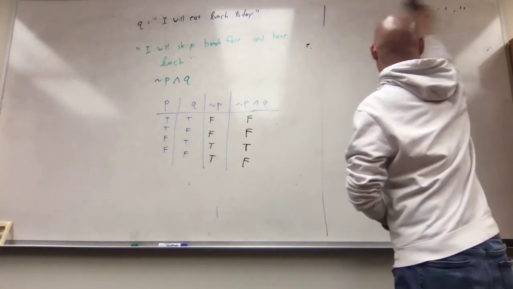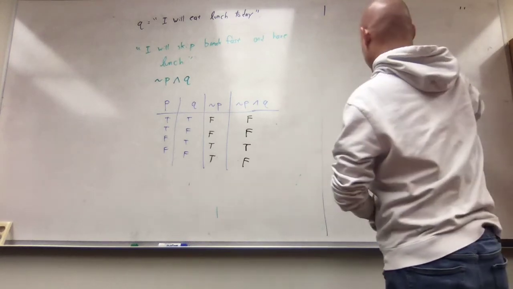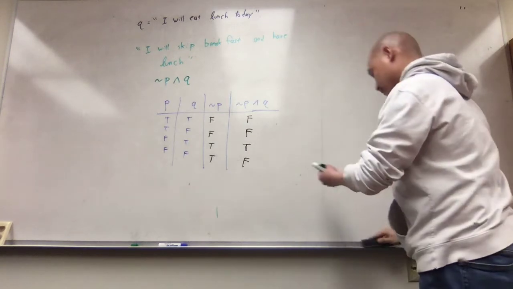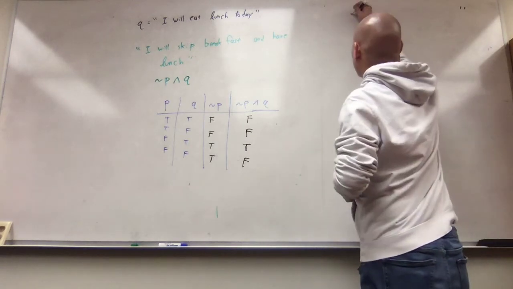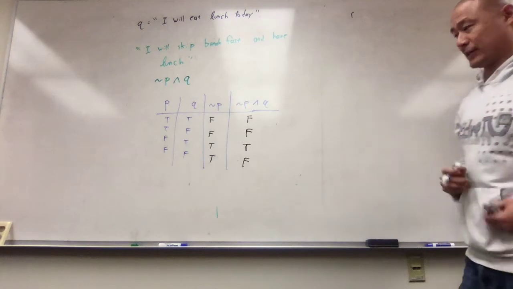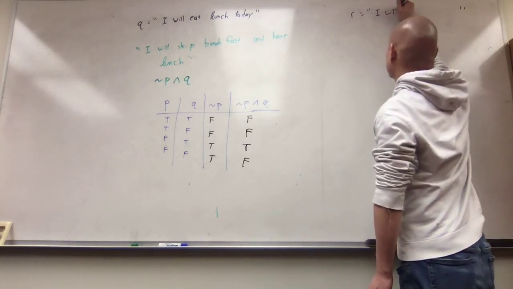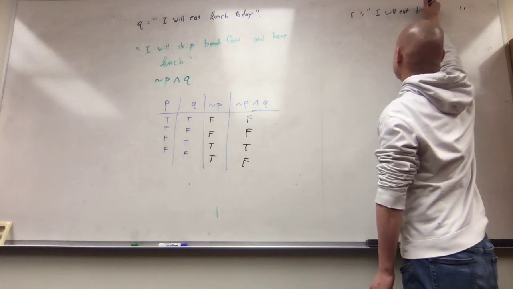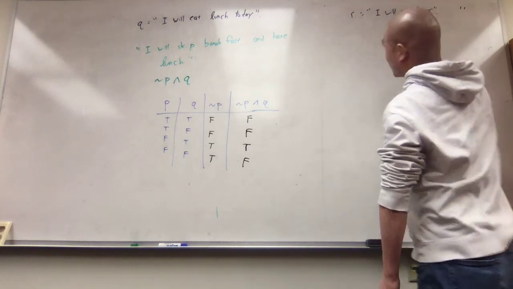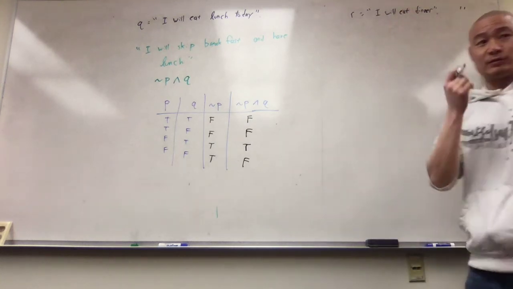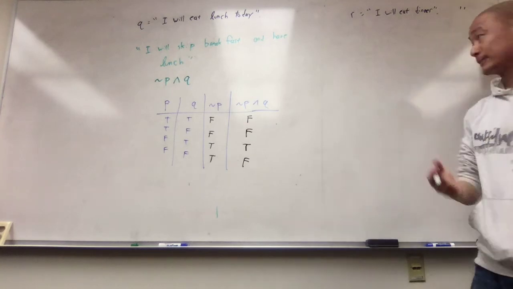Okay, then we will do one last example for this video. And that is, we're just going to introduce a third variable, R. Certainly, we could say that R is I will eat dinner or something like that. But again, at this point, we should be moving past the need to attach a concrete value to our variables.